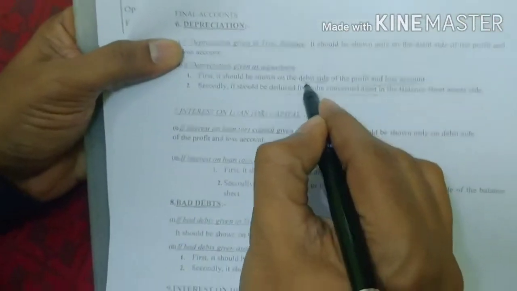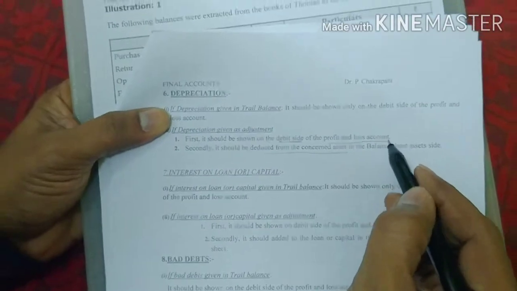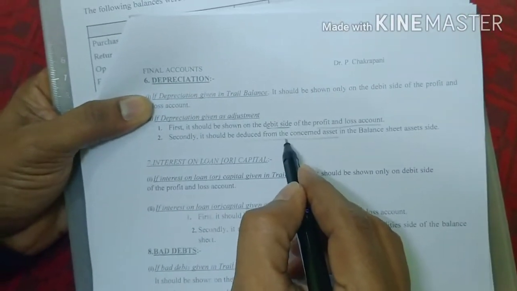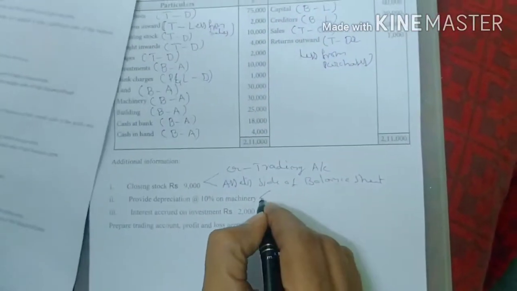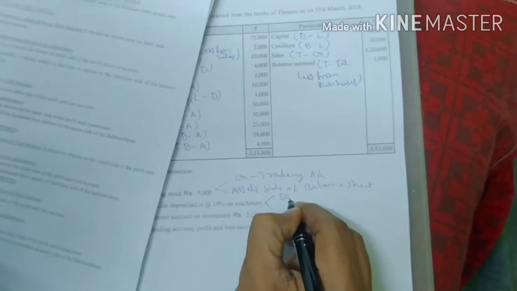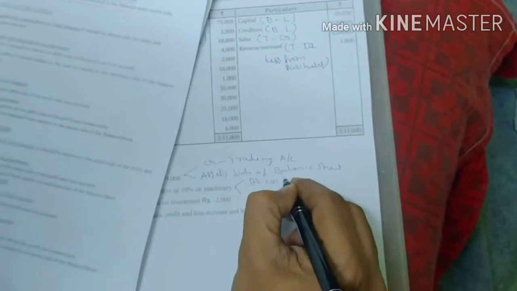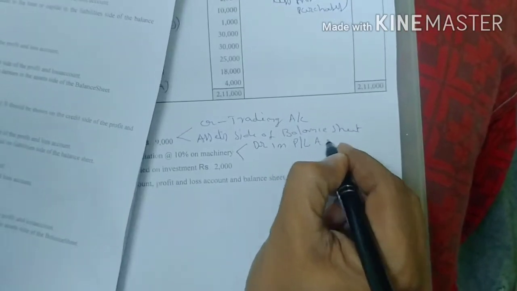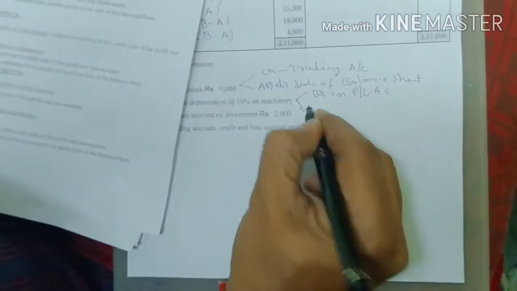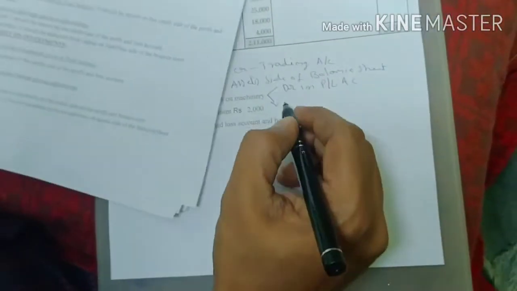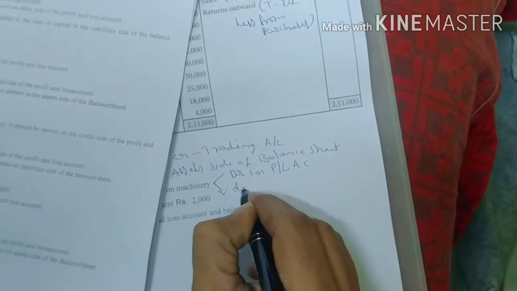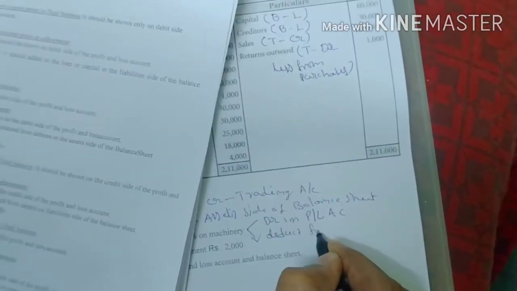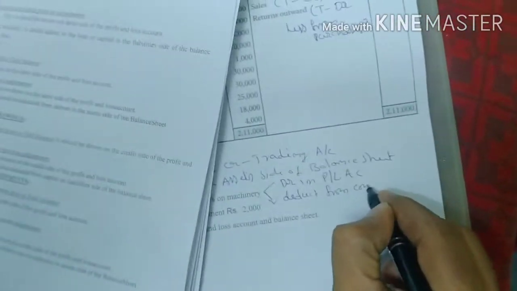First time, note it down on the debit side of the profit and loss account, and another time, decrease, that means deduct, from the concerned asset.